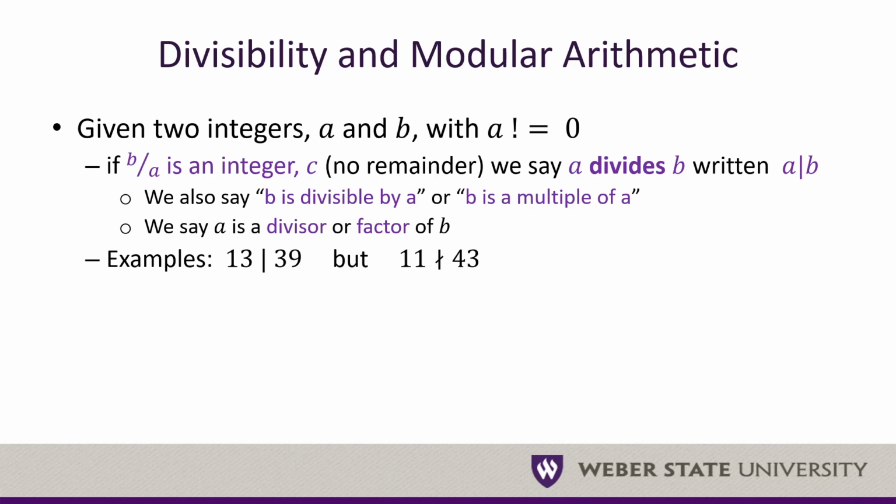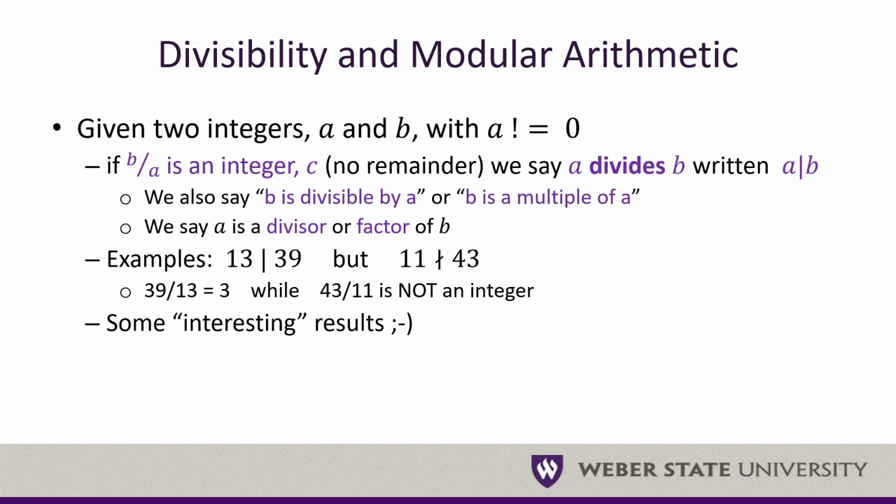But 13 divides 39, 11 does not divide 43. And we can say that because 39 divided by 13 is 3, 43 divided by 11 is not quite 4. So we've got 1/11th, which would be 0.0909..., so it would be 3.909, something like that.